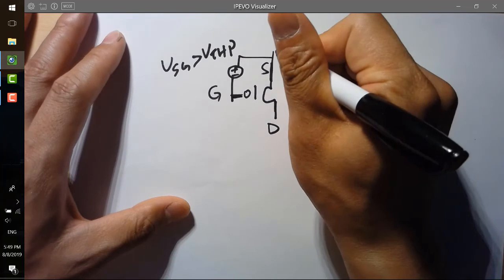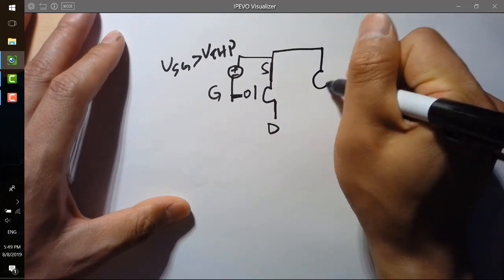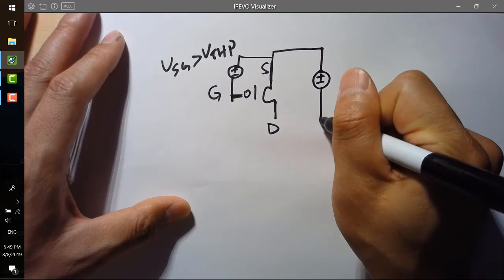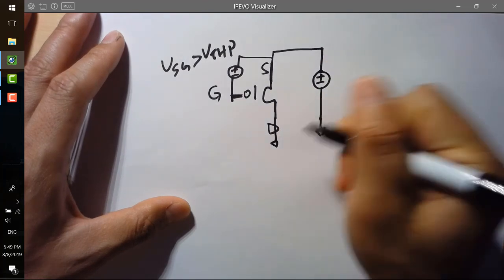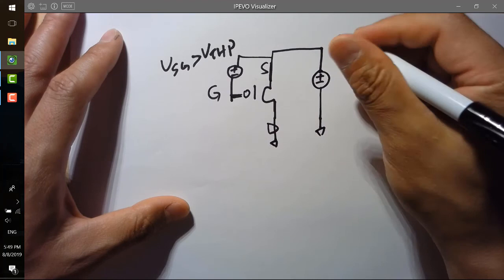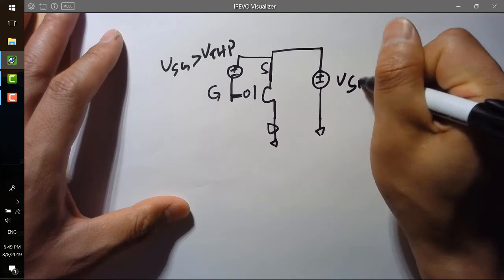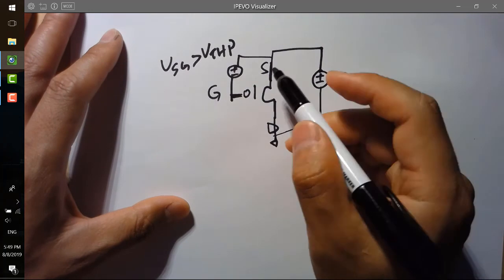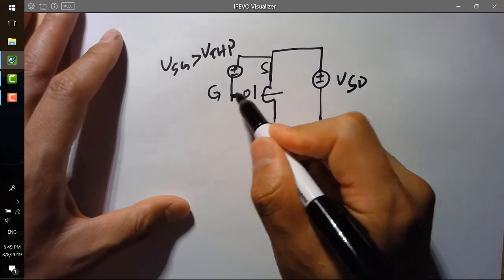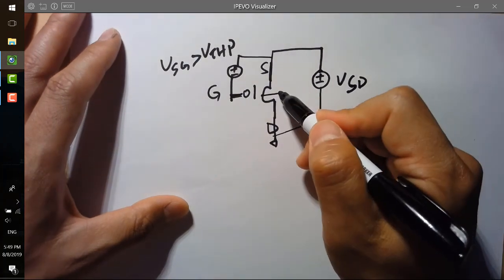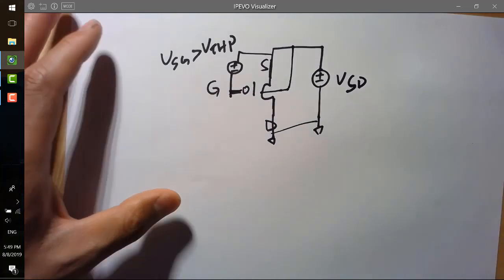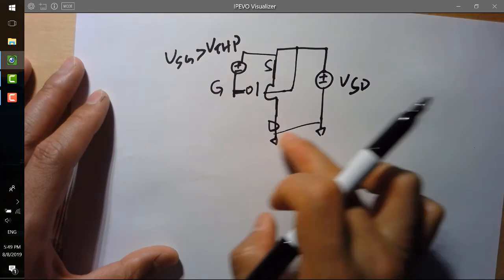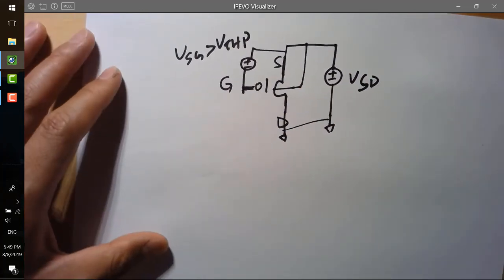And now we also need a voltage source to give a pressure to it. So this is called VSD because it's connecting S and D, right? And the substrate of the PMOS, which is the N-well, needs to be connected to the highest potential of the circuit. So this is how we connect everything in the PMOS.